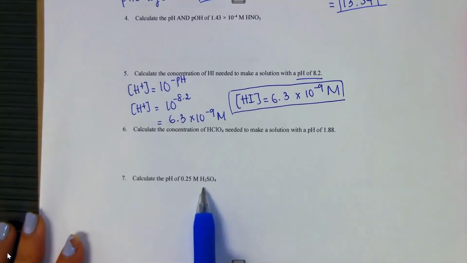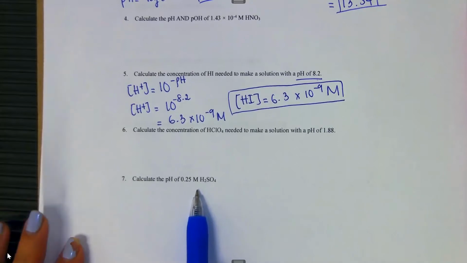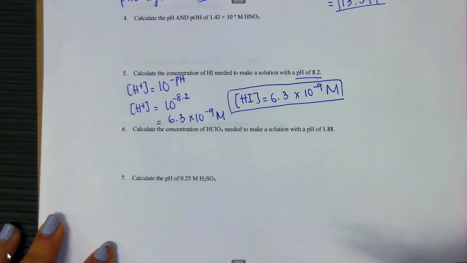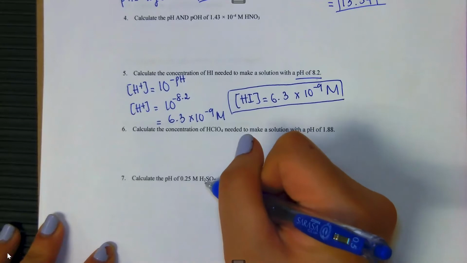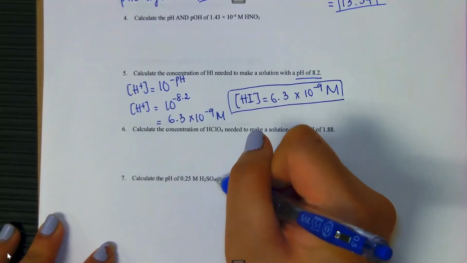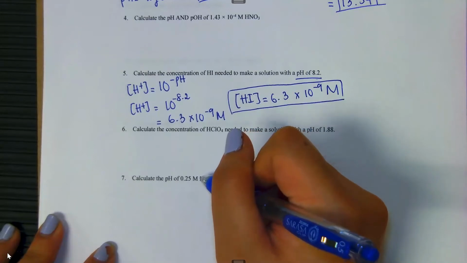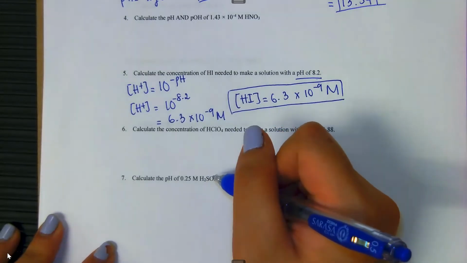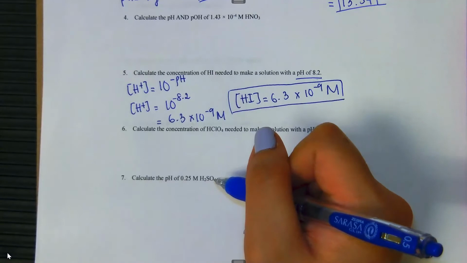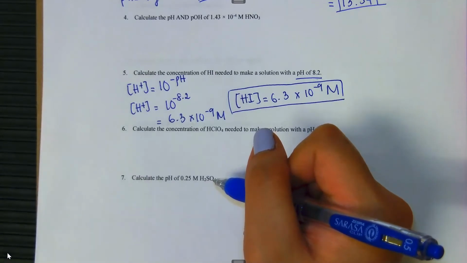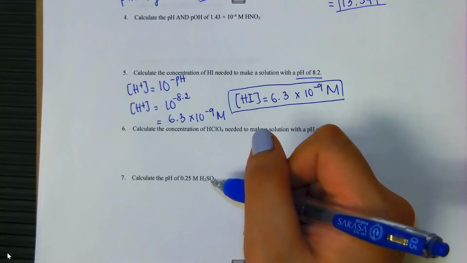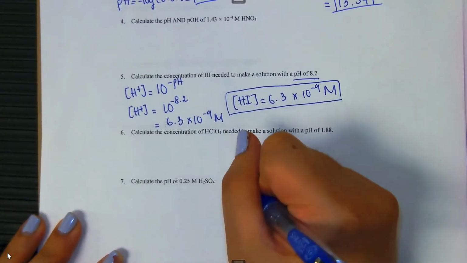Now, number 7 is similar to basically number 1 through 4, but the only difference here is that this is a diprotic acid. Regardless of it being diprotic, remember that in our class we always assume that the acid dissociates only one hydrogen at a time. This is what I mean by that.